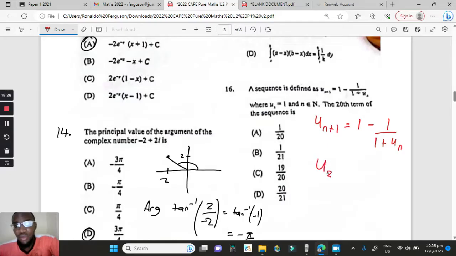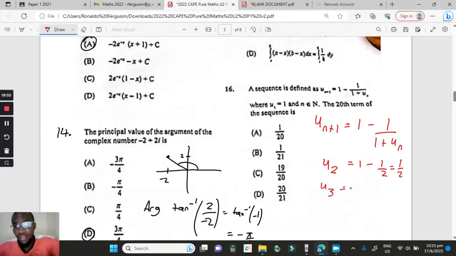Actually I can't start there yet. I might have to find u2 and develop a pattern. So u2 would be 1 minus 1 over 1 plus 1. And 1 plus 1 is 2. So that is half.